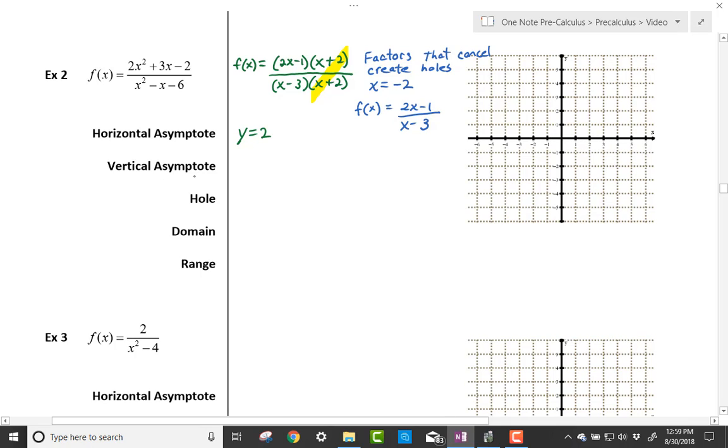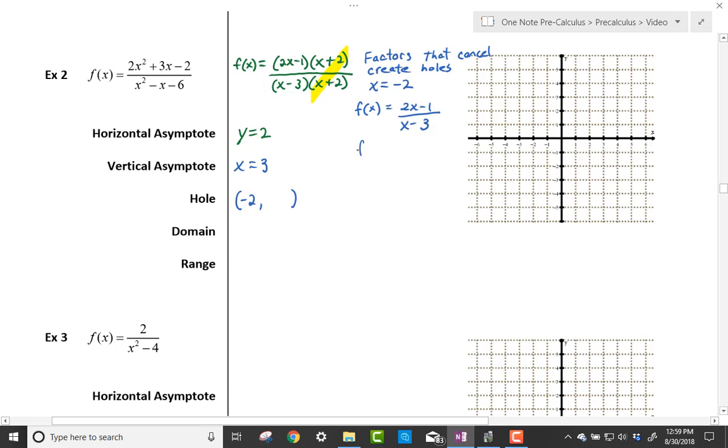Let's go to vertical asymptote. What value makes that denominator 0? X equals 3. Look at that, how easy was that? Where's the hole? The hole is at -2, and I need to find the y value. Now that I've removed the x plus 2's, I can plug -2 into this function.